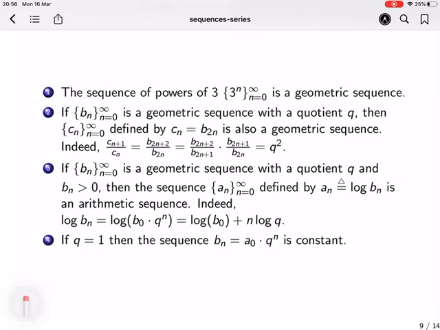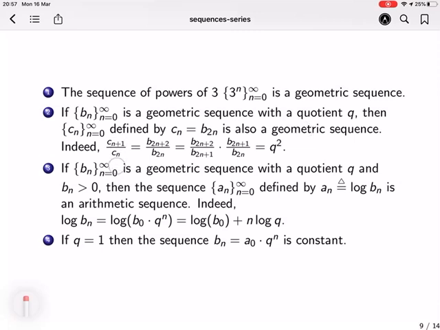Now, let's consider the case where bn is a geometric sequence with quotient q, and cn is defined by b of 2n. Okay, so this is similar to what we did in the case of arithmetic sequences. Now, we claim that cn is also a geometric sequence. Let's look at the ratio between two successive elements in cn.